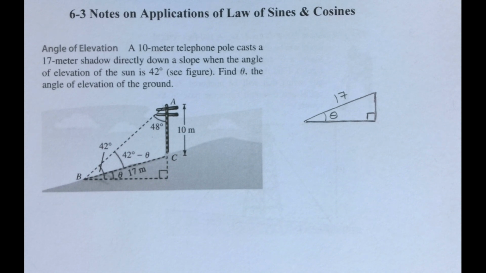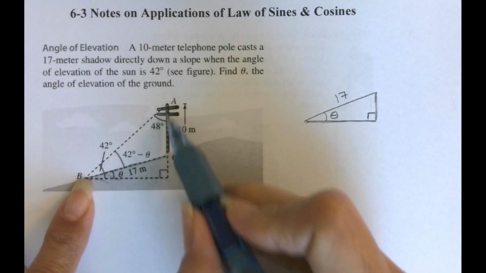Nothing else. So right now, choosing this triangle, do we have enough information to figure out theta? Doesn't look like it, right? Okay, so what other triangle should we try then? The top one. Okay, so let's try this one and see if that's enough.